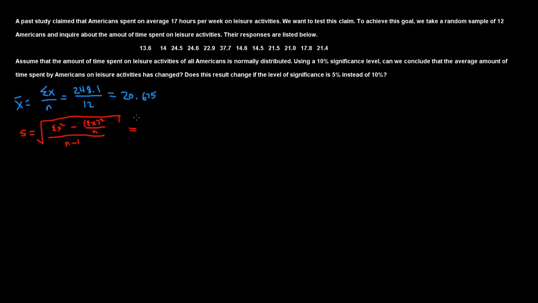So again, I'm going to take a sec to do that. We had 13.6 squared plus 14 squared plus 24.5 squared plus 24.6 squared plus 22.9 squared plus 37.7 squared plus 14.6 squared plus 14.5 squared plus 21.5 squared plus 21 squared plus 17.8 squared plus 21.4 squared.